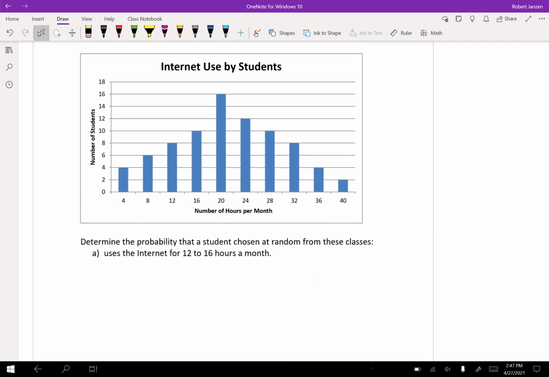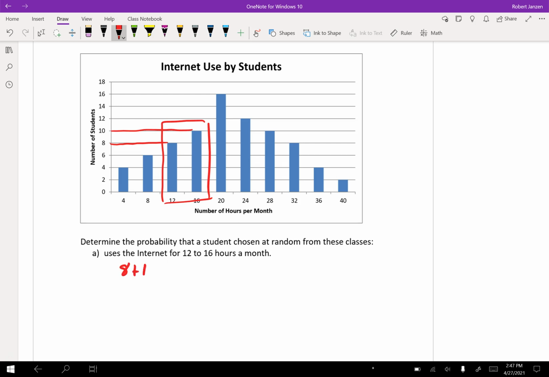If you look at the internet usage by students, that's what this graph is saying. We have this many people use it 12 to 16 hours a month. If you look at 12 hours, there are 8 people that do that, and there are 10 people that use it 16 hours a month.